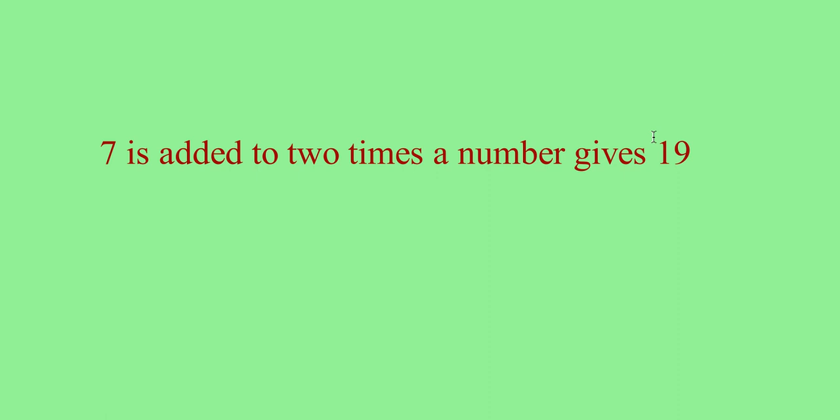Now the sentence "7 is added to 2 times the number" is not a complete sentence. We can make it complete by adding "gives 9". Now this becomes complete. How will you express it? We can write it as 2x plus 7 is equal to 9. That means this expression contains an equal sign.